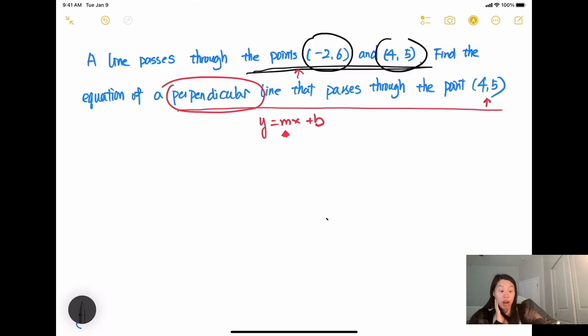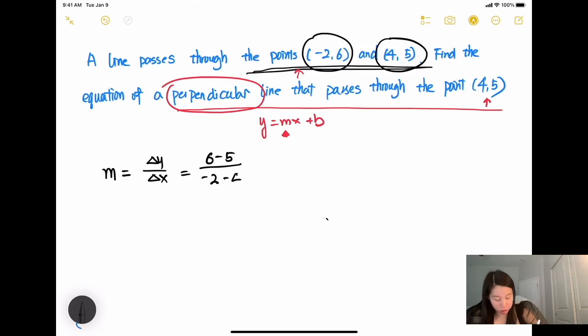With 2 points, we're good. With 2 points, we know that the slope equals what? The change in y over the change in x. So the change in y is 6 minus 5 over negative 2 minus 4. So I have 1 over negative 6. So that's the slope of the first line.